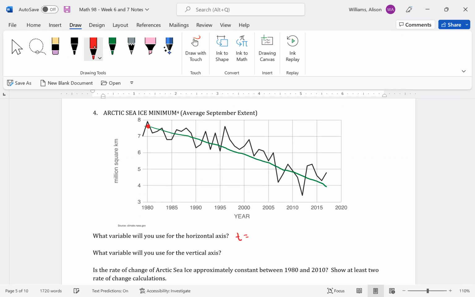So T is years since 1980. Vertical, since we're talking about sea ice, we'll just call it I for million square kilometers of ice.